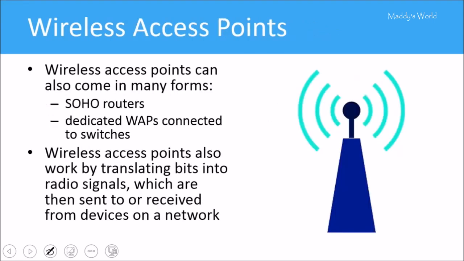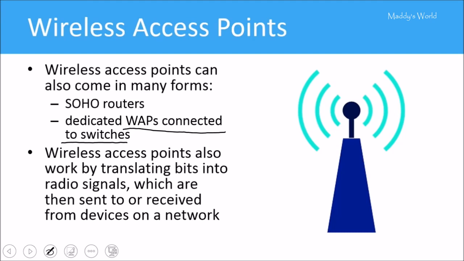Wireless access points can come in many forms as well. Oftentimes they're located in our home routers, our SOHO routers at our home office or small office. And wireless access points, like I had mentioned previously, I hate to hammer this down, are connected to switches, right? And we do have dedicated ones that are specifically for the purpose of sending and receiving data in large organizations.